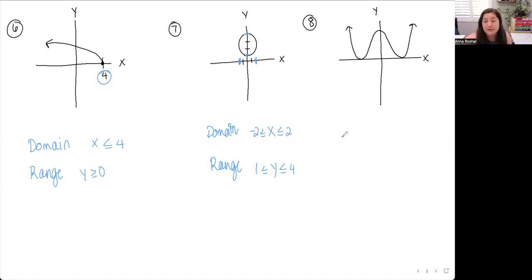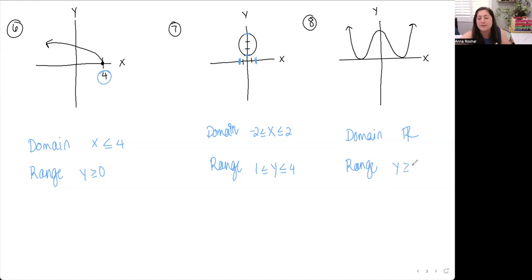It is a function and it is continuous because it does pass that vertical line test. And then we know that the domain is going to be all real numbers because I'm going to continue to go all the way to negative infinity, continue to go all the way to positive infinity. So it's all real numbers. And then my range is going to be everything greater than 0.